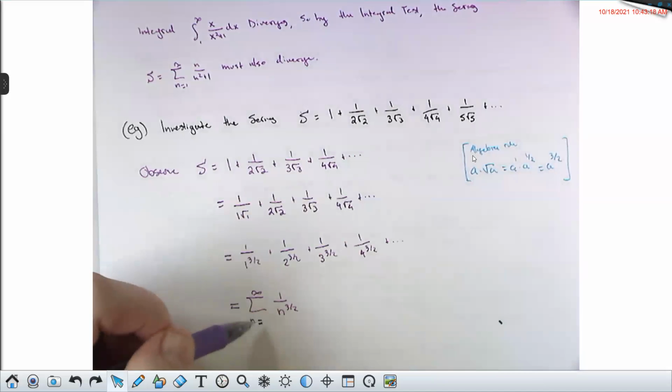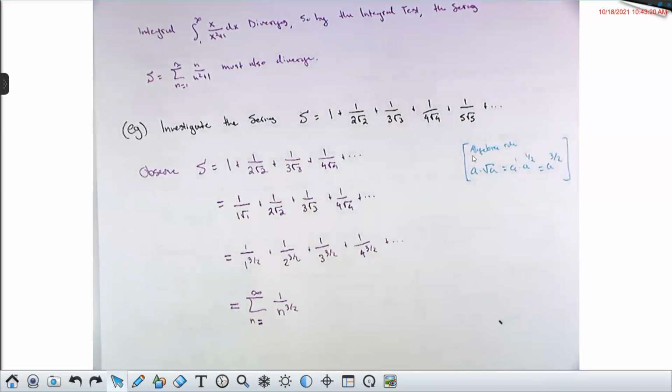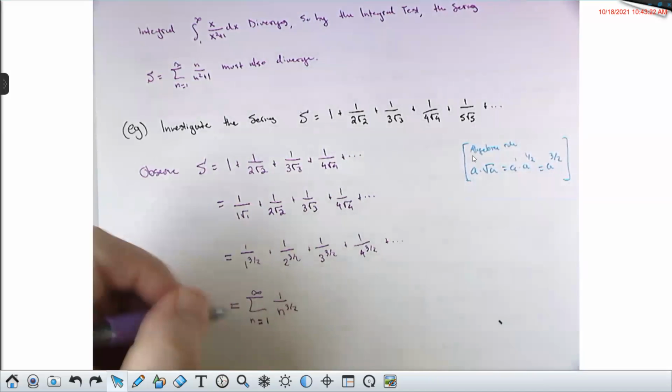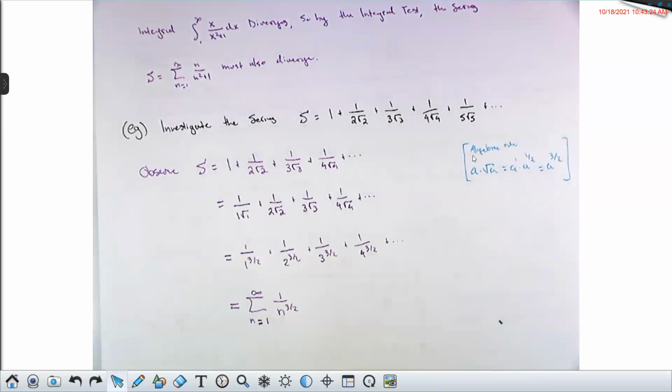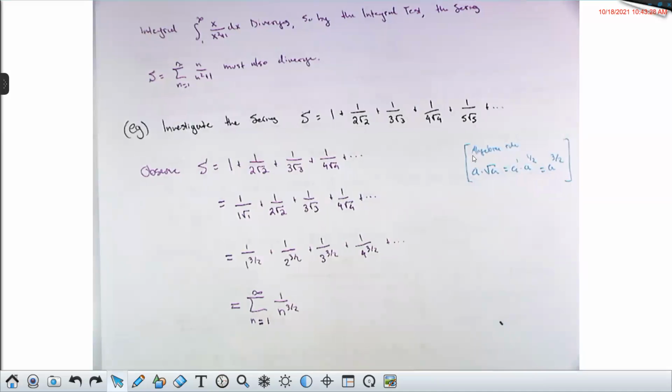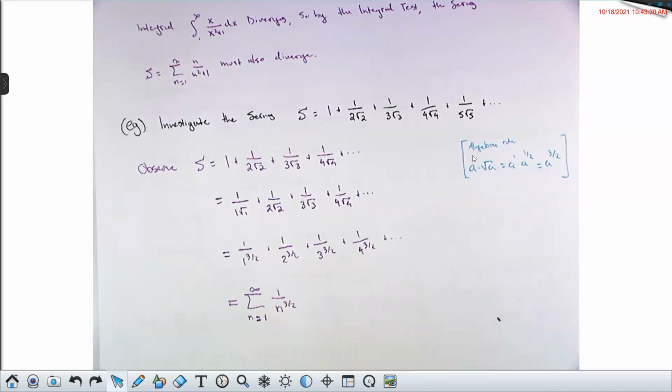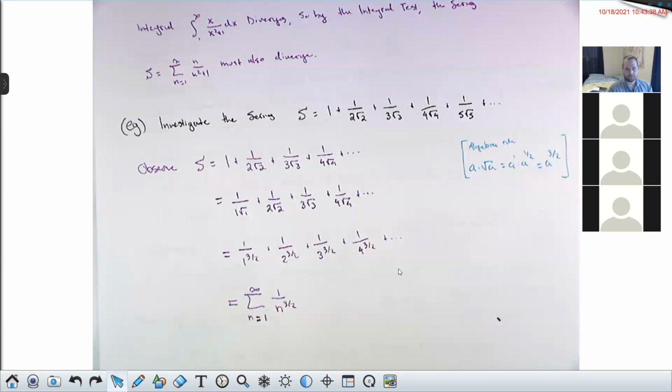Where does my series start? At 1. Very good. What kind of series is this? Geometric? No, not geometric. Remember, a geometric series is like some constant raised to the nth power. I heard a different answer. What was the other answer? P-series? Very good. This is 1 over n raised to the p, where p is 3/2.